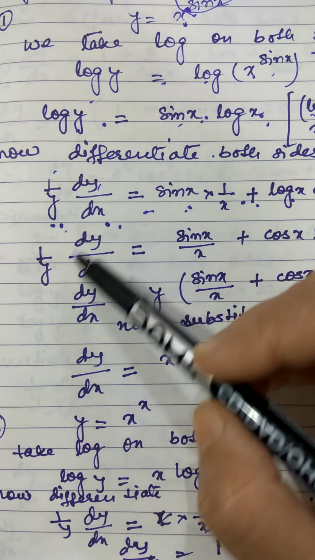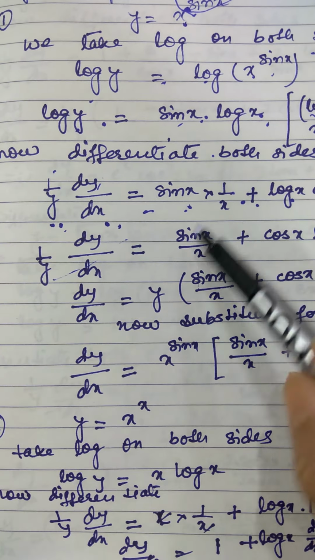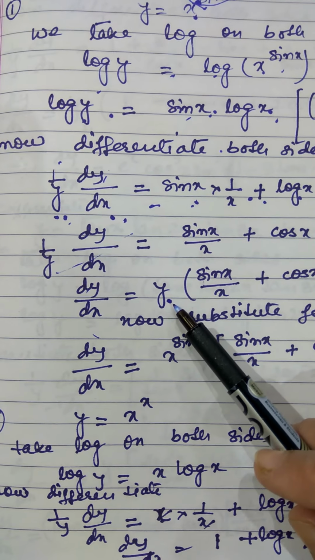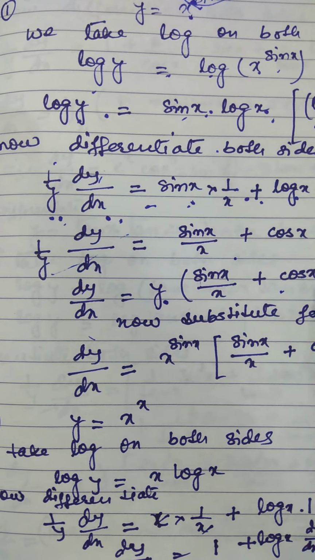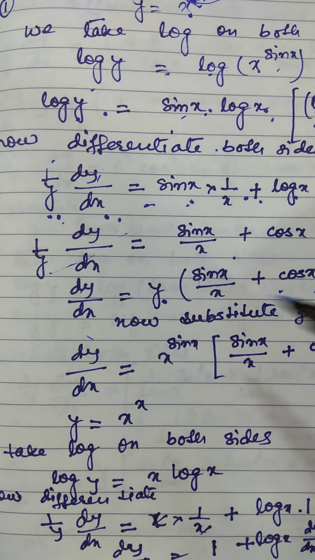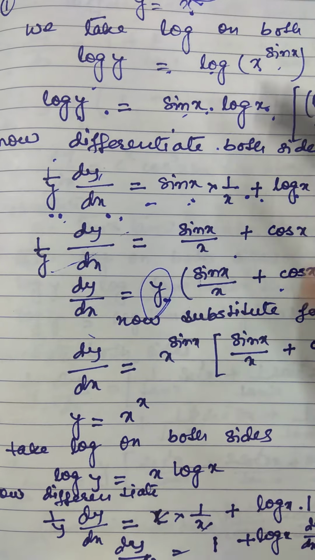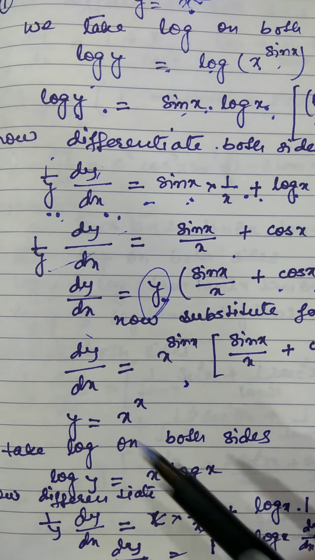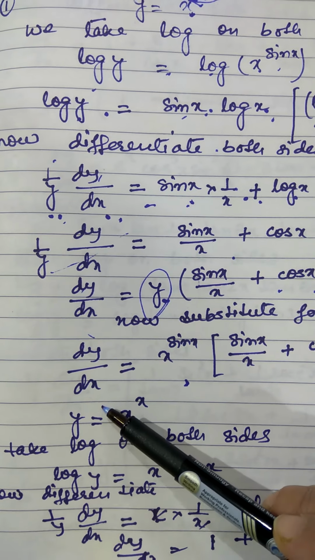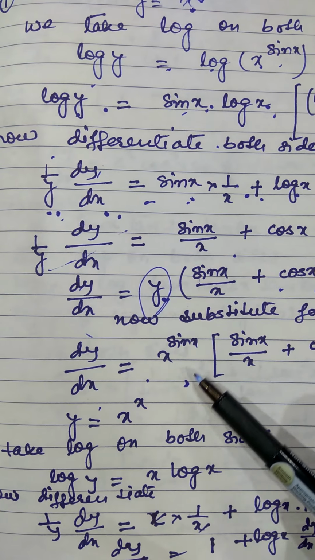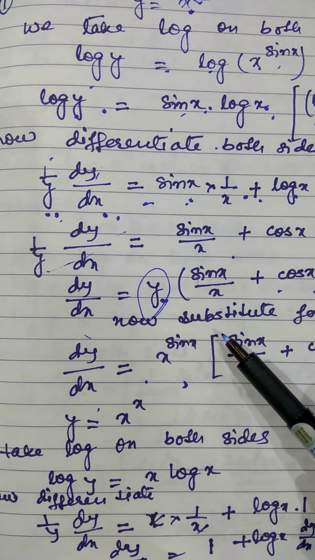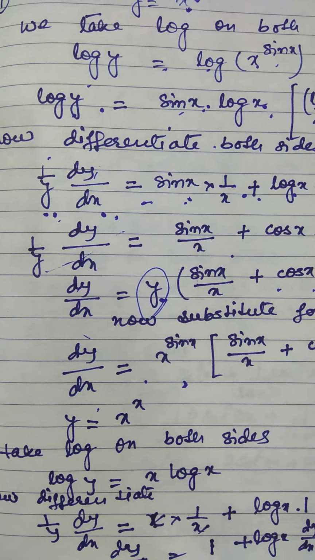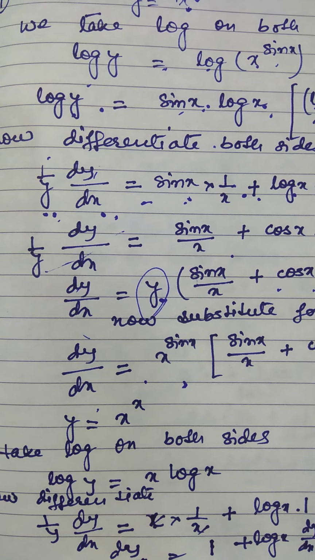Keeping dy by dx on this side, cross multiply y to this side. So dy by dx is y into sine x upon x plus cos x log x. Now substitute for y. What is y? x raised to the power sine x. So finally dy by dx equals x raised to the power sine x into (sine x upon x plus cos x log x).